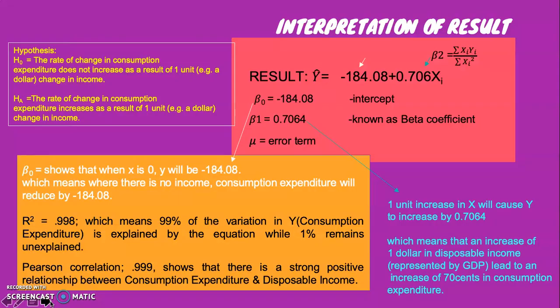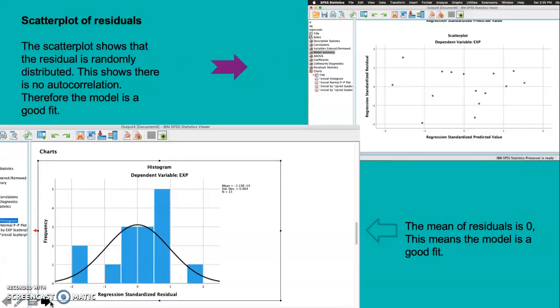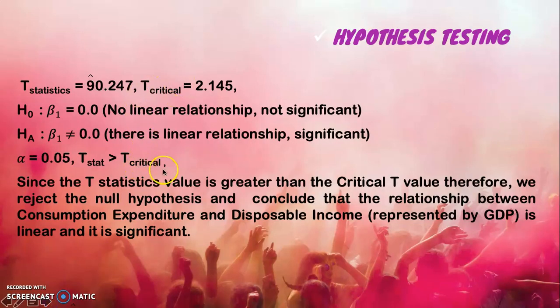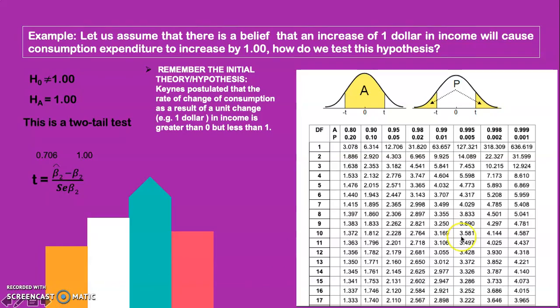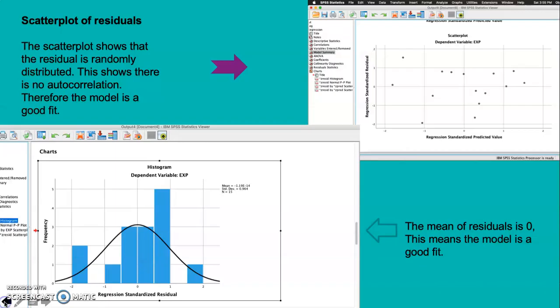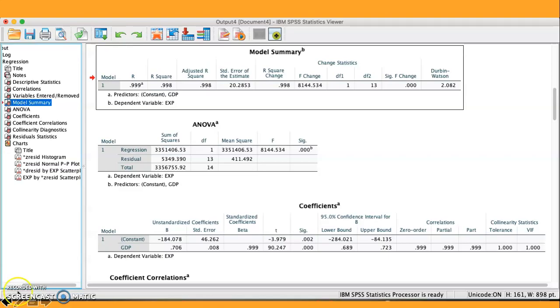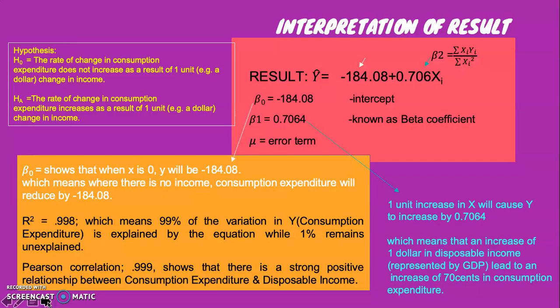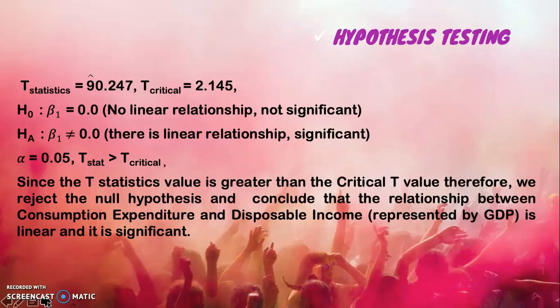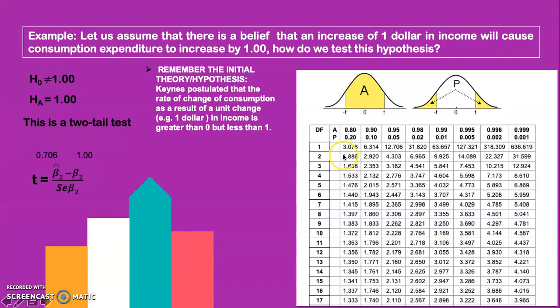Then we compare it with the t critical value that will be taken from the t table. You have to know what your degree of freedom is. This is where you pick the value of degree of freedom, the total, which is 14 in this exercise. Then you're going to use it on the t table.